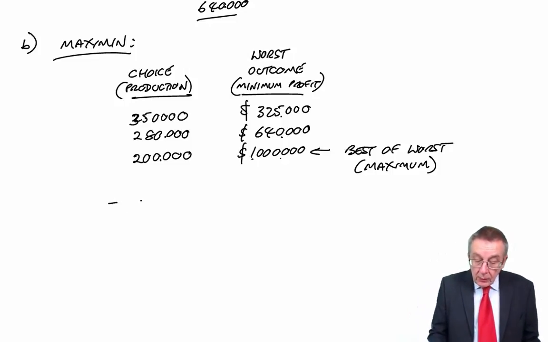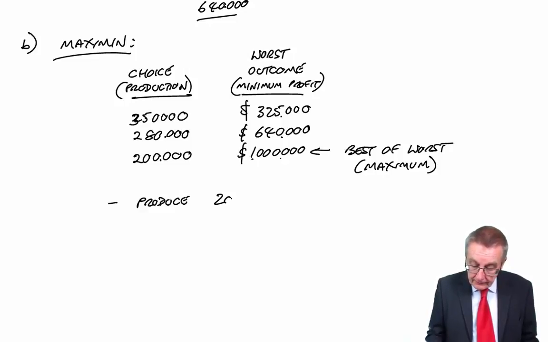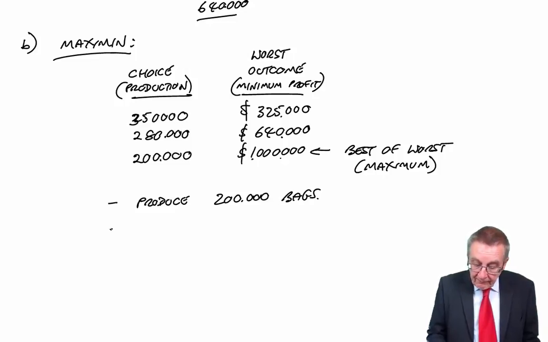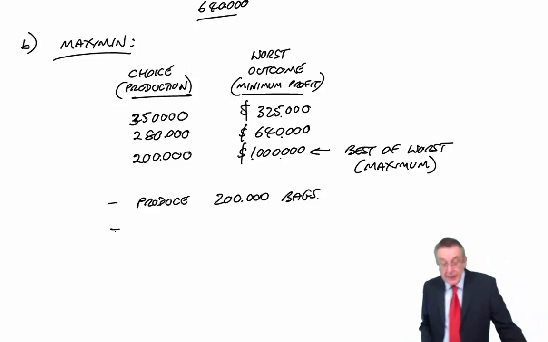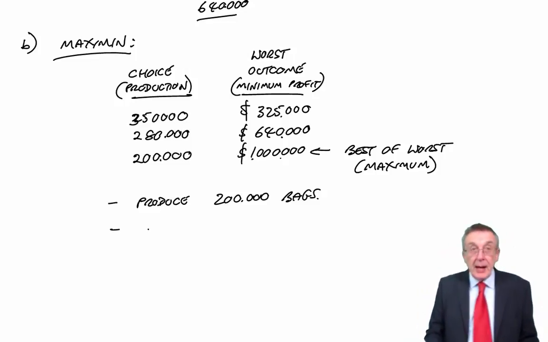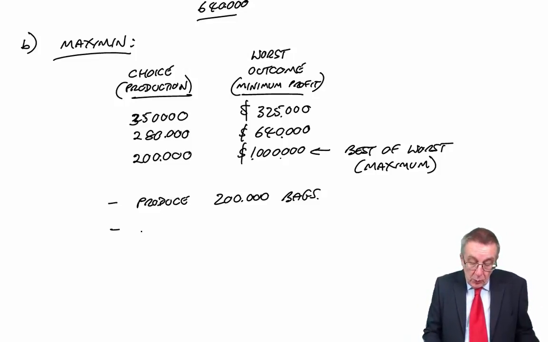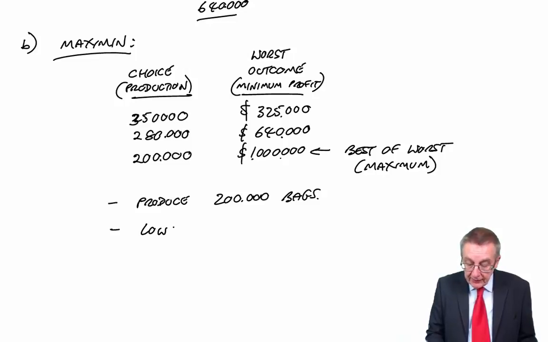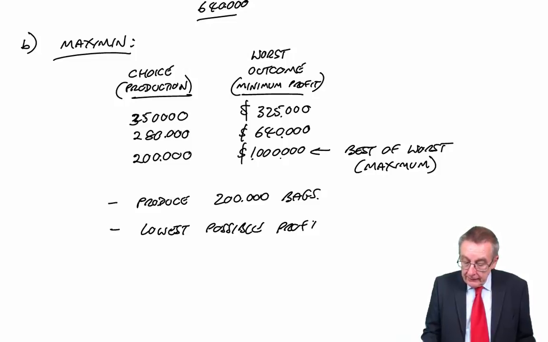Therefore, we'll produce 200,000. The justification is that the minimum we can get, the worst profit, the lowest profit, is 1 million. We cannot earn less.